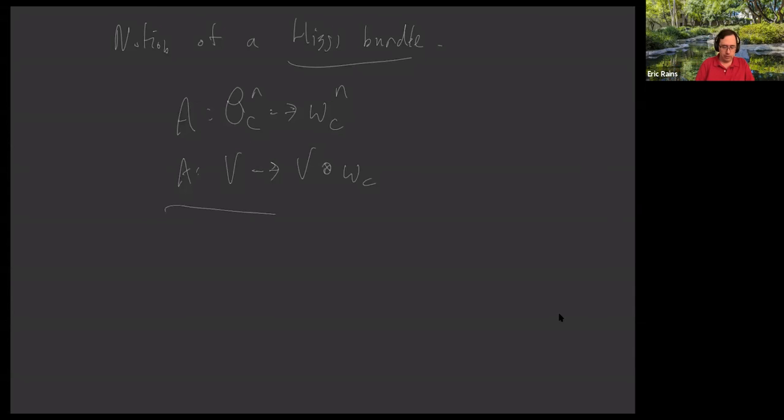So such a map of vector bundles is called a Higgs bundle. So in particular, the actual Higgs bundle is the vector bundle V together with the rational map V to V tensor omega_Z. Okay. And in fact, often in the literature on Higgs bundles, they don't even allow it to have poles.